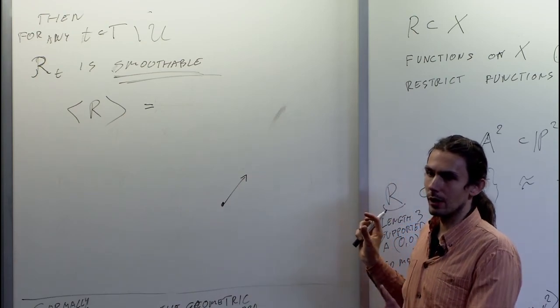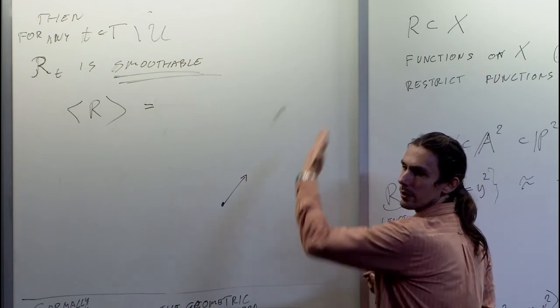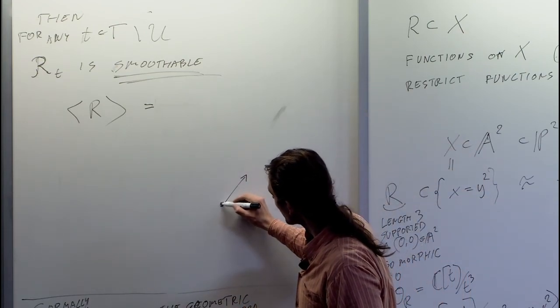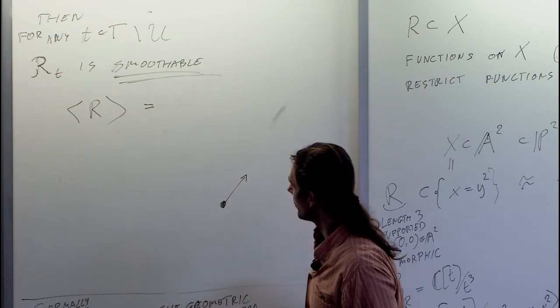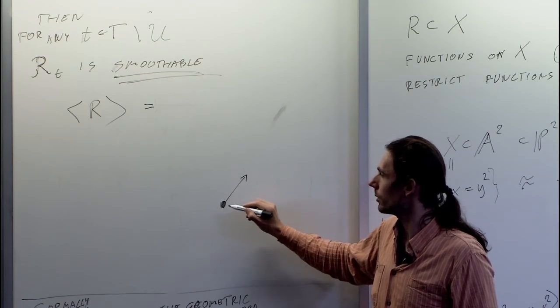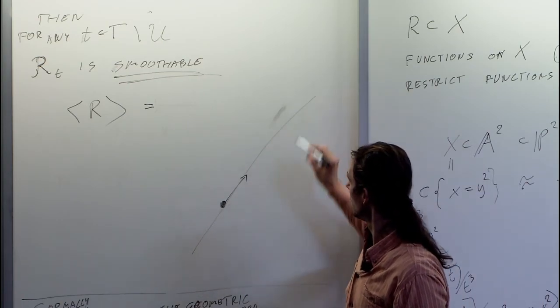So if I have a scheme which has information about the first derivative in this direction, it's not contained in just the zero-dimensional linear space supported at this point, but it's contained in this line.